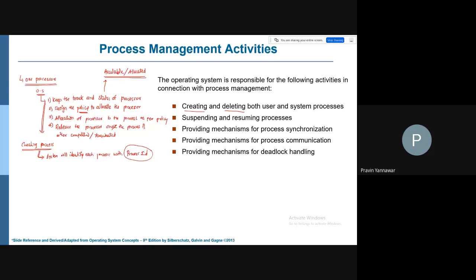Once those resources are available and allocated to you, you will resume your work, or you are suspended for some period of time. After suspension is completed, you can again come back. So suspension and resuming of processes are important activities which you need to think of.